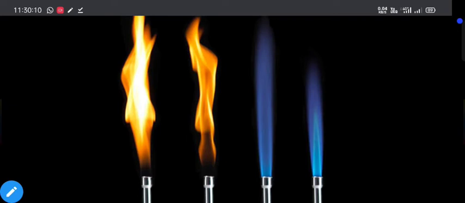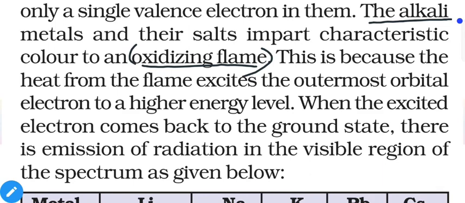The last flame produces more heat, less light. So when our metal or its salts come in contact with the oxidizing flame, their electrons start to absorb energy from the flame. First they jump from lower energy orbitals to higher energy orbitals, and then they get excited. After that they come back to their initial state.